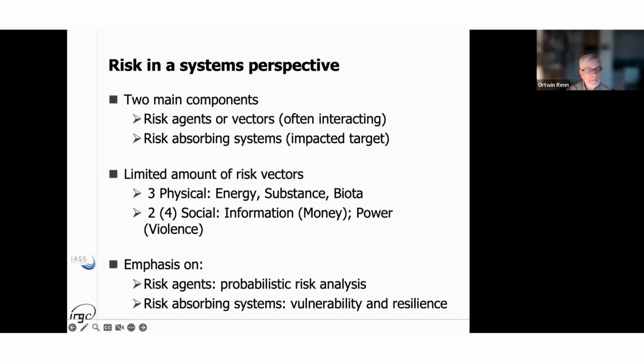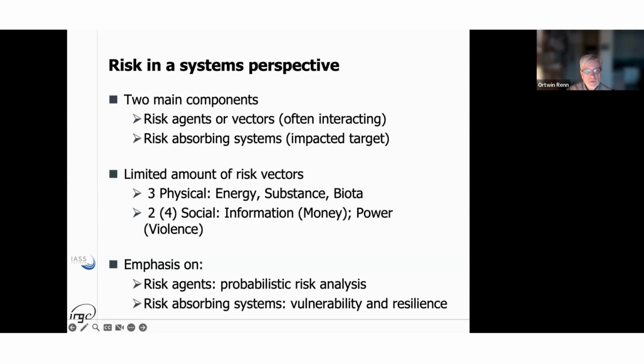Information includes money, power includes violence. Those could also be triggers, or better said, carriers of risk. The causes may be millions of different causes, but they release energy, substance, biota, information or power. And then they either amplify or attenuate the impacts.